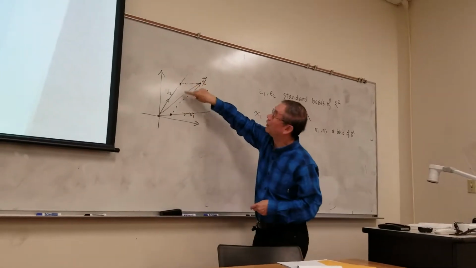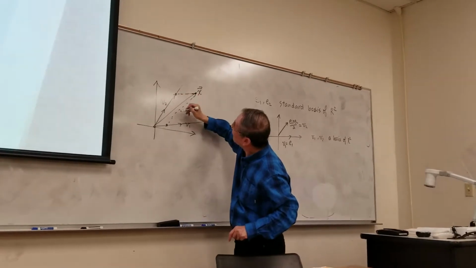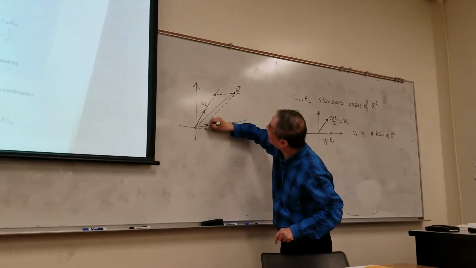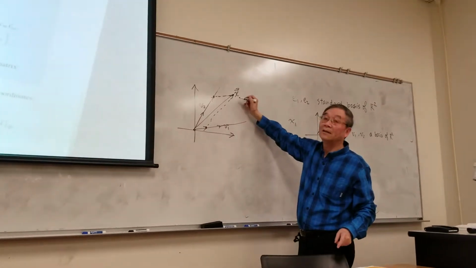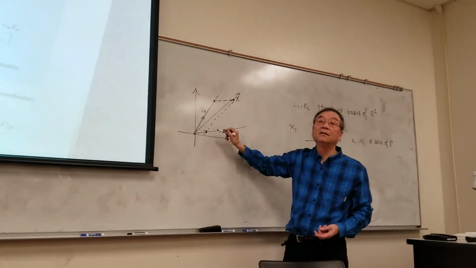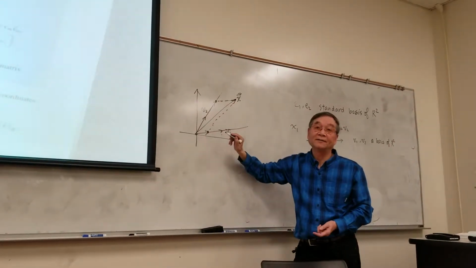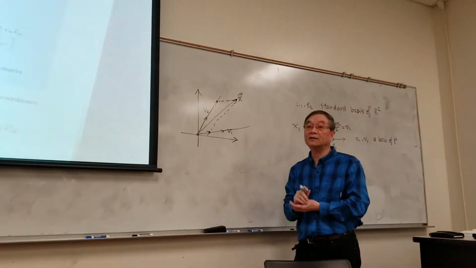So we have these two intersection points. Put an arrow here, put an arrow there. Then this x is the sum of these two new vectors. I call them new vectors because V1, V2 are there. They are old vectors, right?